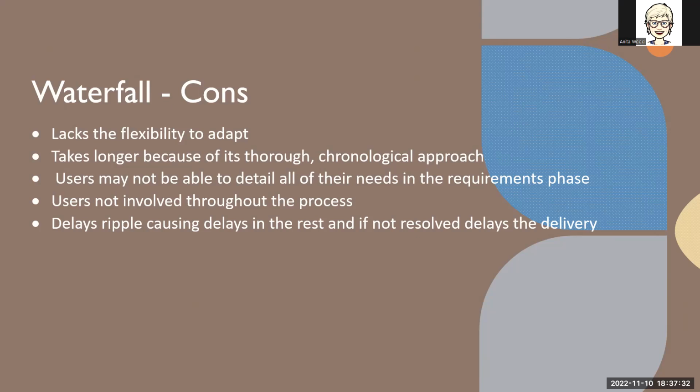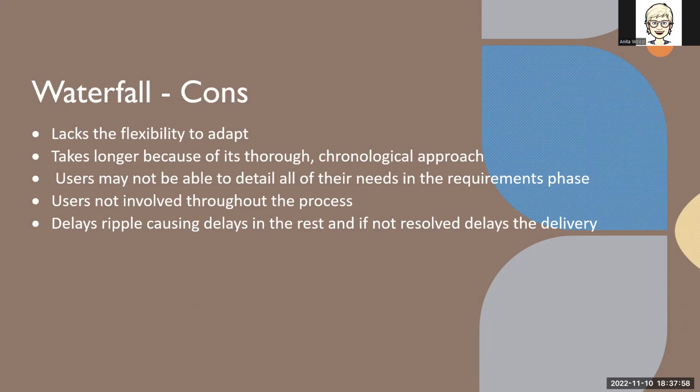Delivering projects via the waterfall method can take a little longer than an agile method, since it takes a slower chronological approach. Some customers may not be able to really detail all of their needs in the requirement phase, and some may not like the fact that they're not involved, especially in the design and implementation phases.